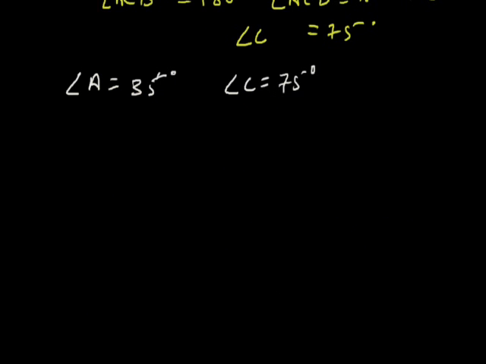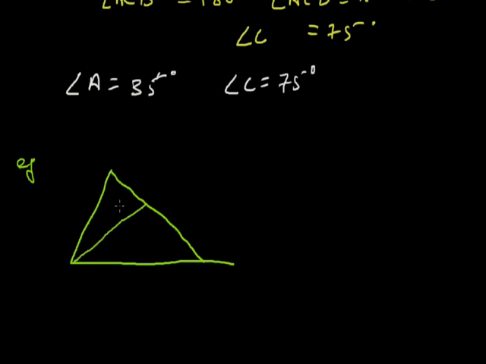Let us see another example based on the angle sum property. We are given a triangle and it is divided into some parts. This is small angle A, then this is small angle B. This angle is 30 degrees, this angle is 32 degrees, then this is 25 degrees, 25 degrees.